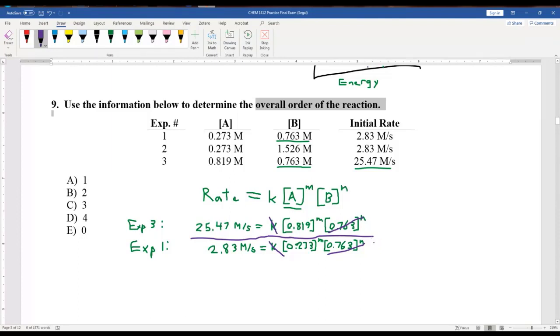This allows me to get rid of two variables, and I only have one variable left, which is m. I can now solve for m. So 25.47 divided by 2.83 is roughly 9, and 0.819 divided by 0.273 is approximately 3. So I get 3 to the m is equal to 9. In that case, what is m?